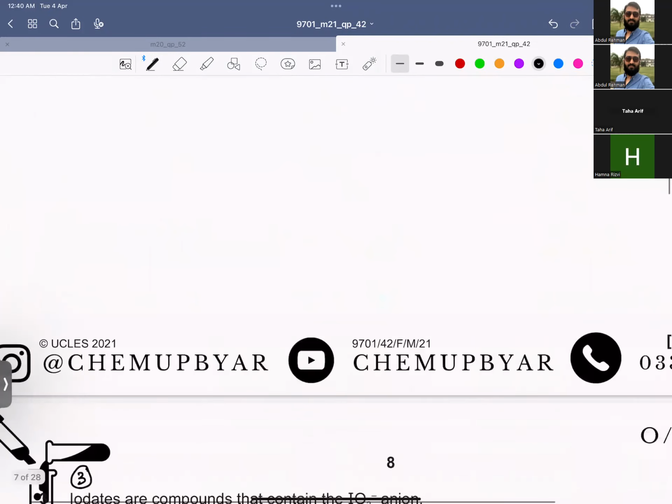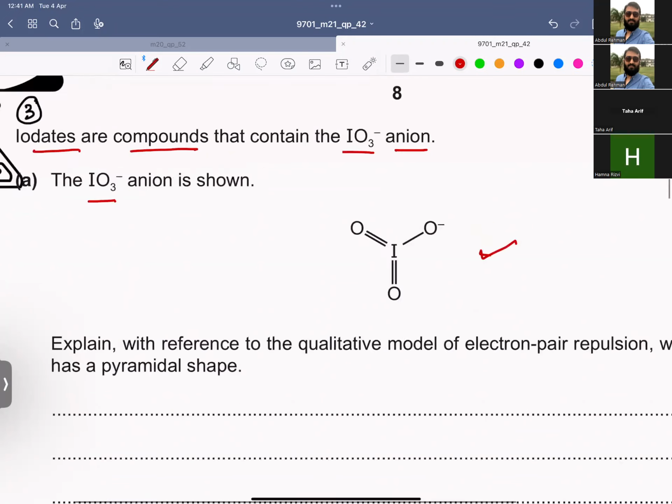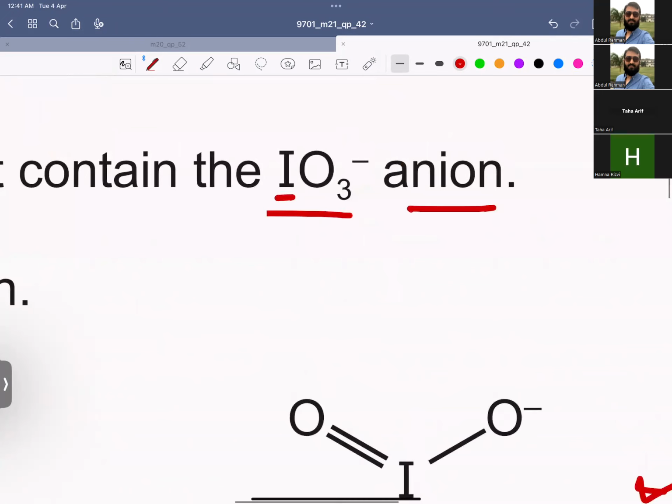Okay, now question number 3. Iodates are compounds that contain IO3 negative anion. Okay, IO3 anion is shown over here. Okay, what is the oxidation number of iodine over here in this compound?